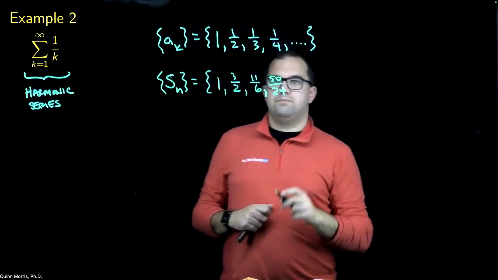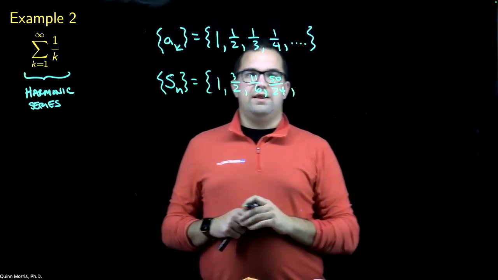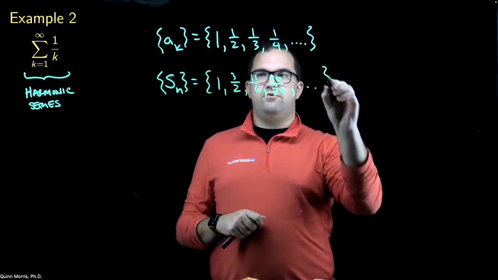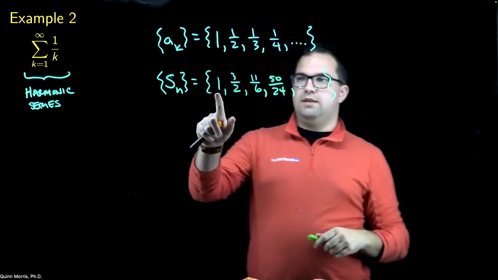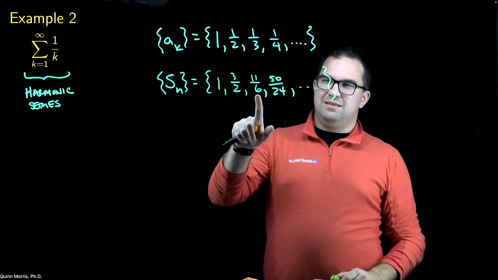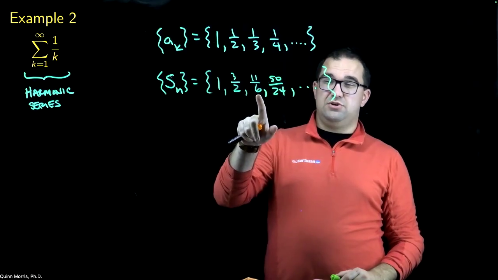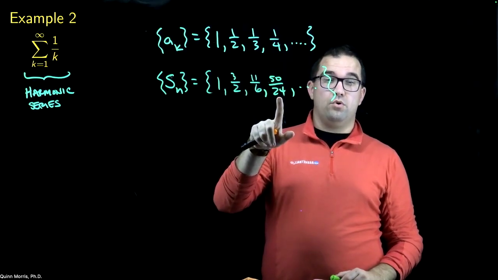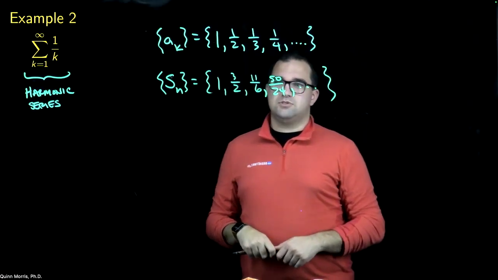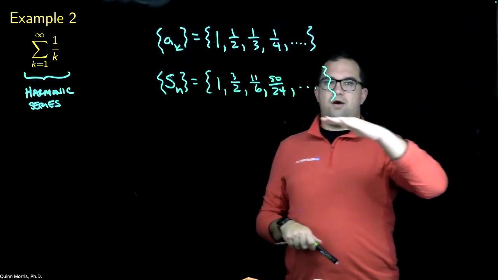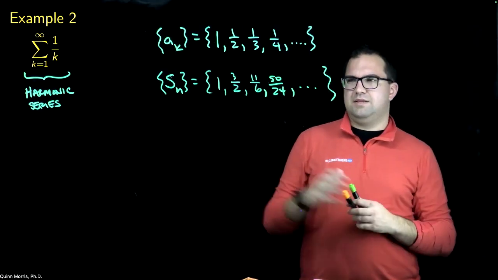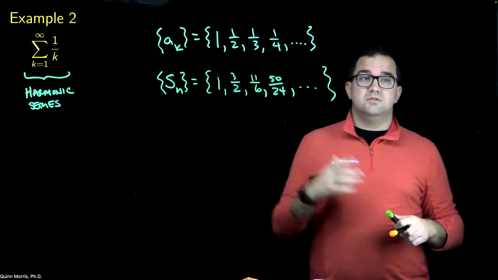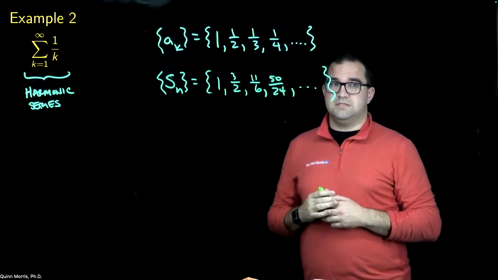This will already give you a pretty good idea. If you look at even just the first few terms, this is 1, this is a half, this is a little bit less than 2, this is just a little bit more than 2. You might start to feel like this is really slowing down, and these are probably leveling off at something, since they're not growing very quickly.